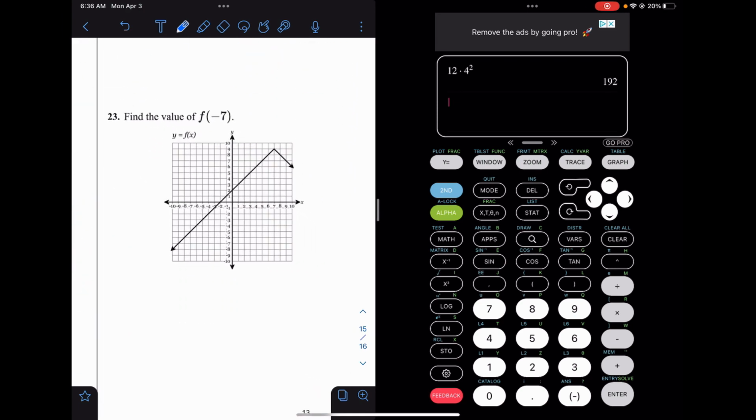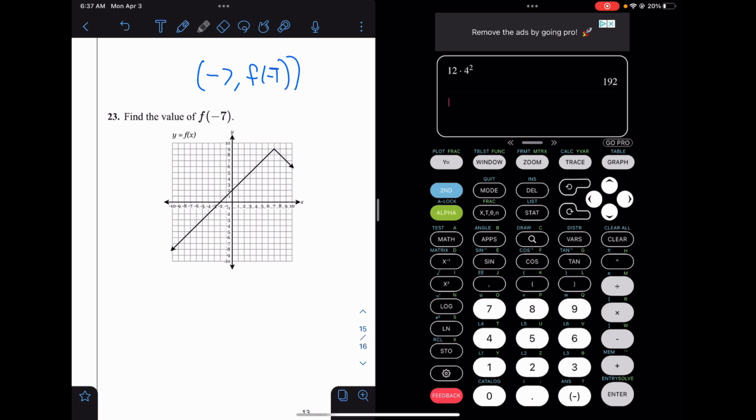It says find the value of f of negative 7. When you see function notation, really think of it as a coordinate pair. What they're saying here is, our x value is negative 7. What is f of negative 7?